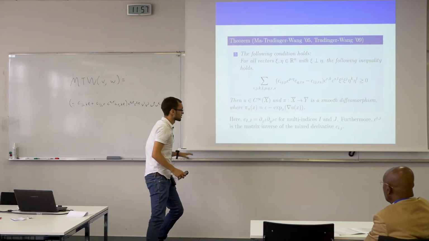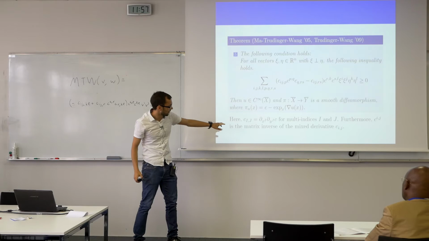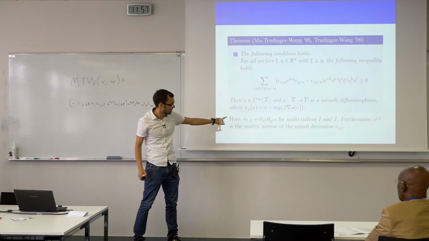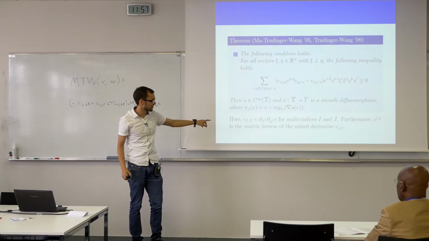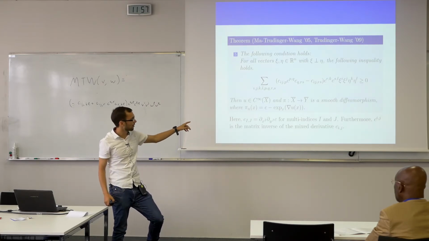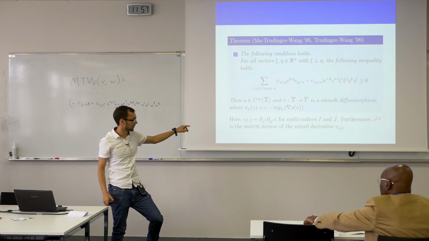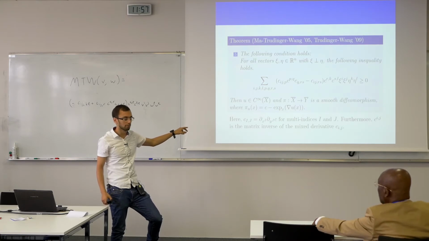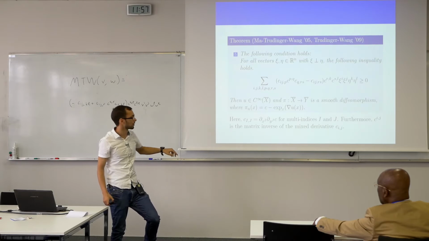I'm going to use this notation throughout the talk: if I have C sub ij, the capital I's and J's are multi-indices. That means I'm taking the partial derivative with x before the comma and the partial derivative in y after the comma.